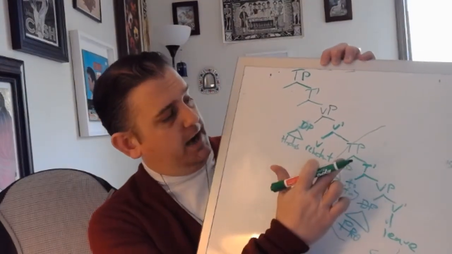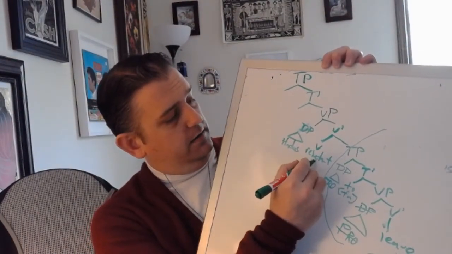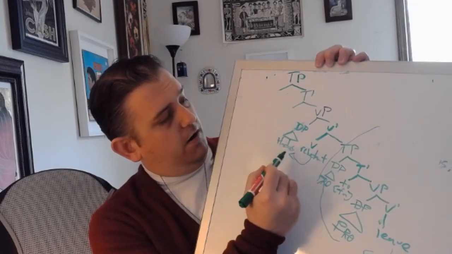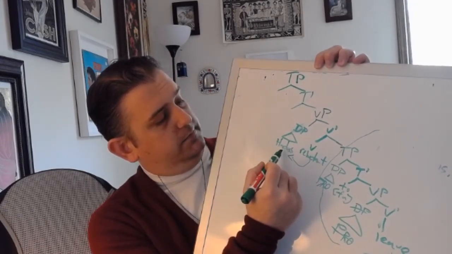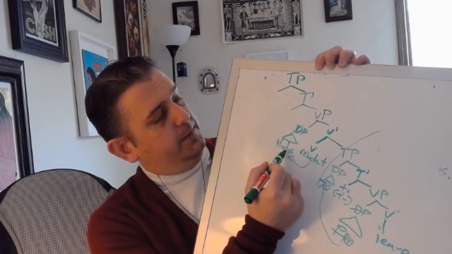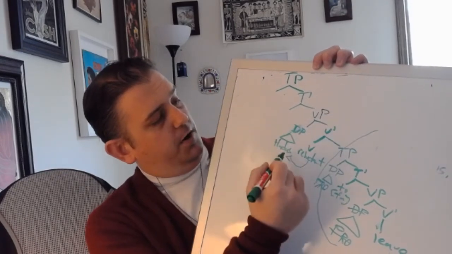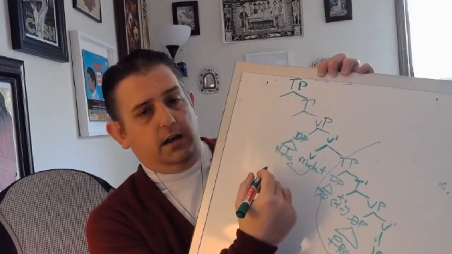So it shows up there, and then up here we get Hadass getting its theta role from reluctant, and much the same. Oh, I left off the. Just going to fill this in with is. Much the same.